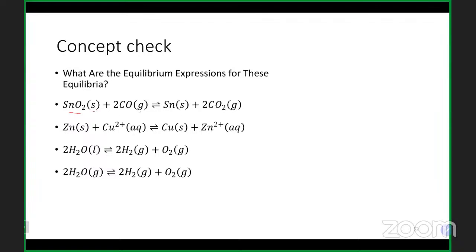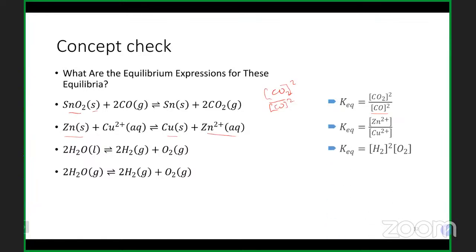SnO2 is solid, CO is gas. So this will just be CO2 raised to power 2 over CO raised to power 2. Second one, zinc will not be included, copper solid will not be included, so you have zinc plus over copper plus.